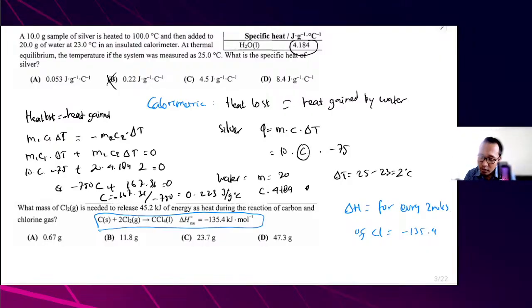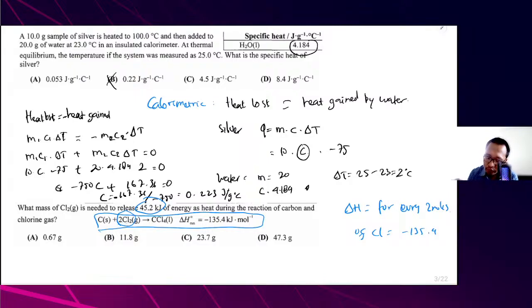Based on this information, guys, see this one. Delta H over here is minus 135.4 released for 2 moles. How many moles of Cl2 are needed to release this amount?